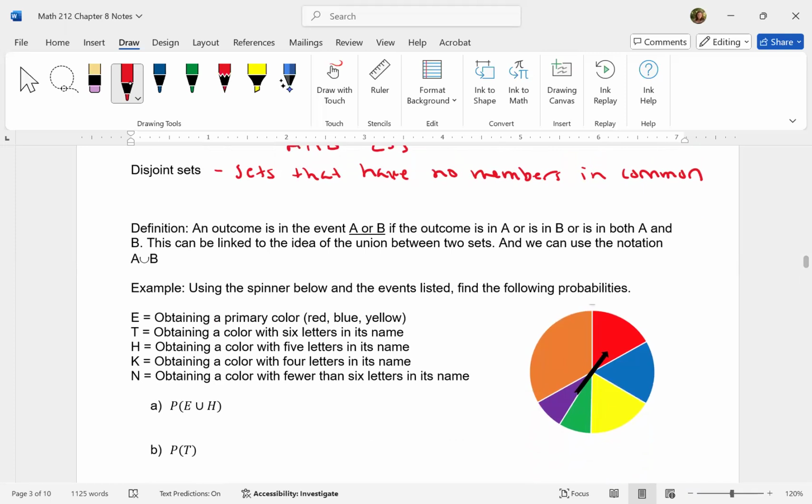Okay, so we have this orange, red, blue, yellow, green, purple. And I want to take a second and notice what each probability is. Okay, so I'm seeing that this half of the circle, it looks like they're all 3 equal. But it's half of the circle, so that would mean each of these are 1/6 of the circle.